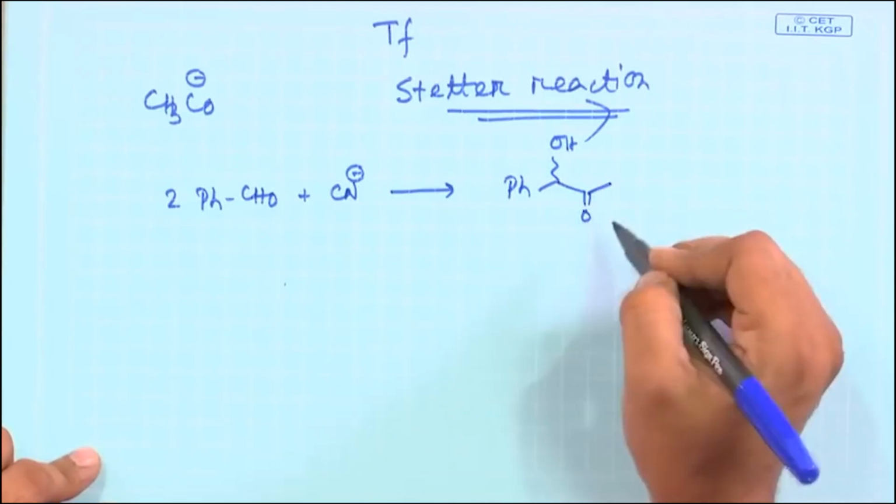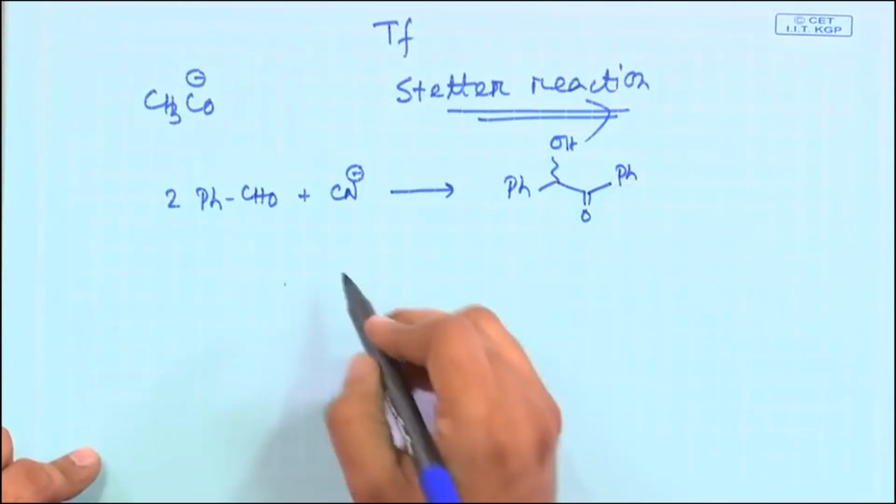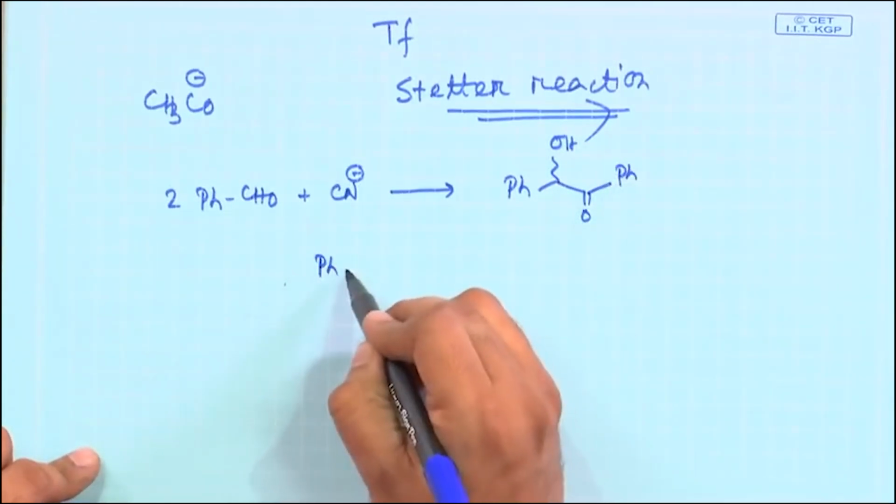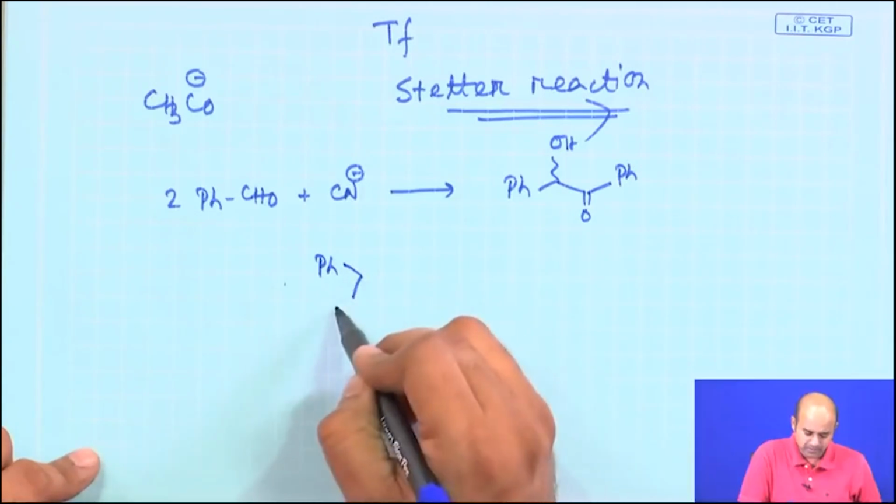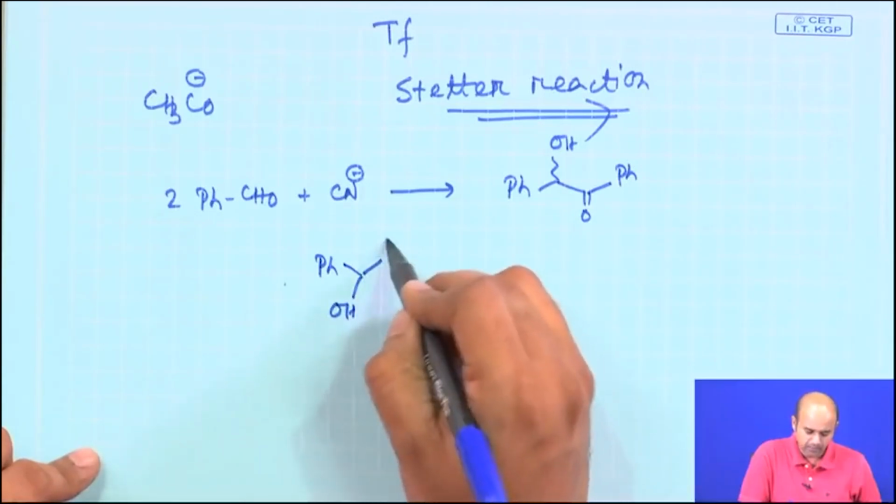compound named benzoin. Now, the benzoin reaction basically goes through a mechanism similar to the umpolung mechanism.